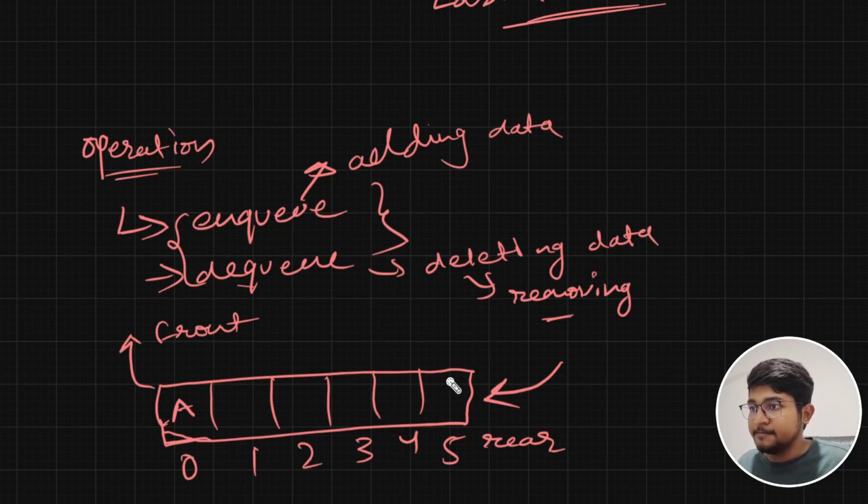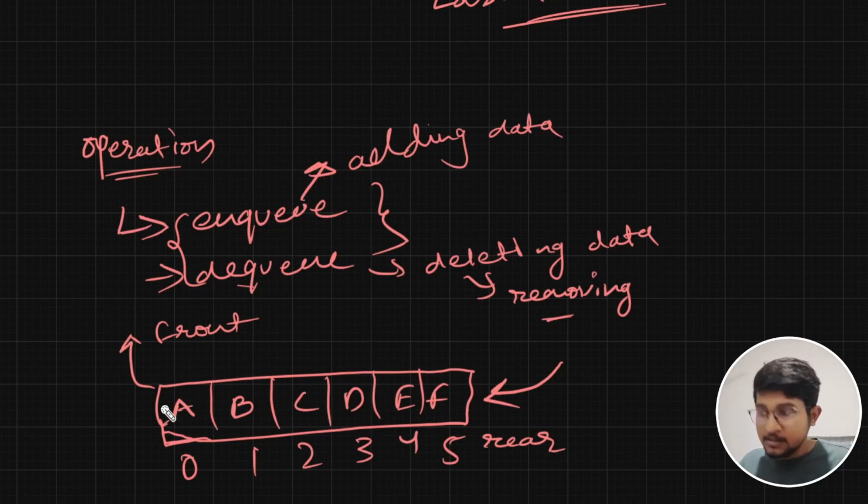After that, if any other value comes, it will come next to it, like this. If you want to pop something, this value will get removed, and in a simple queue this will become empty, and the rest will stay as they are. It won't swap, it will never come here.